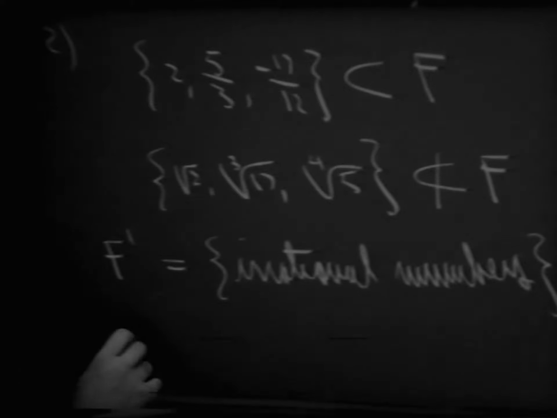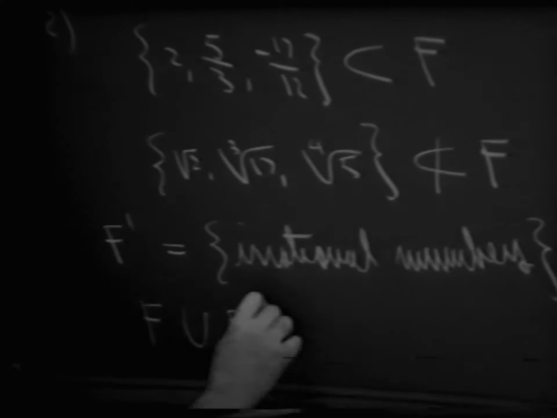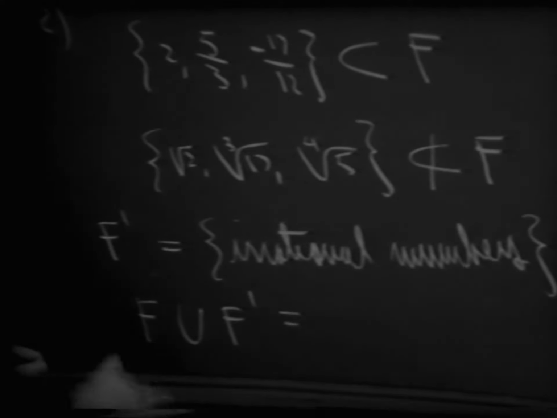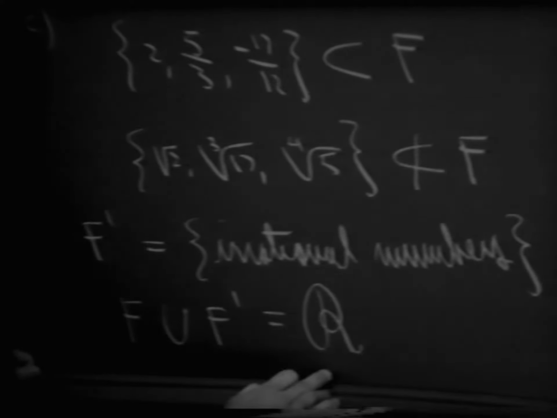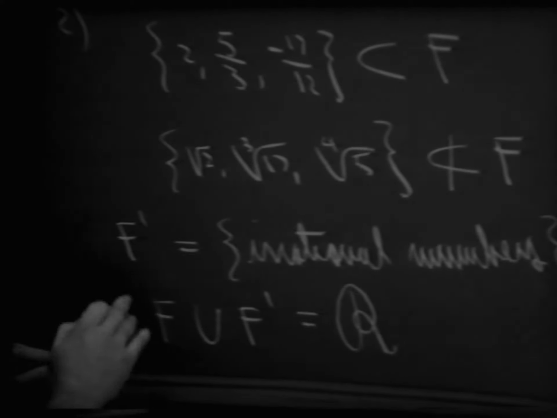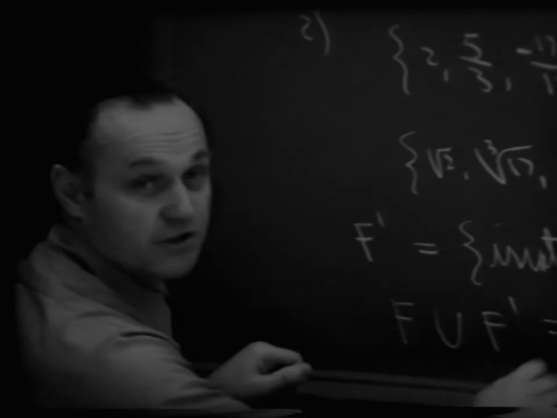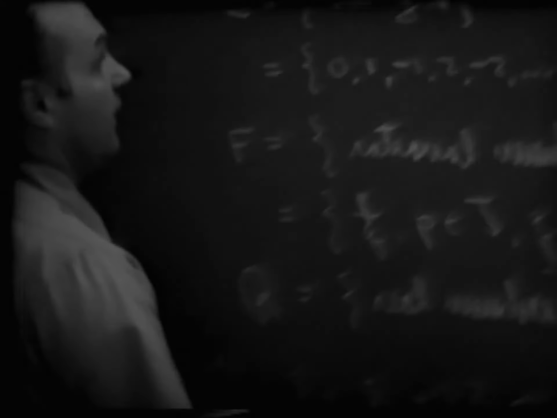So if we take the set F union not F, what is the union of F and not F equal to? What would you like to say that this is equal to, Bill? The real numbers. This is over the set of real numbers, all right? So the union of the rational numbers and the irrational numbers is certainly going to give us the set of real numbers, okay?